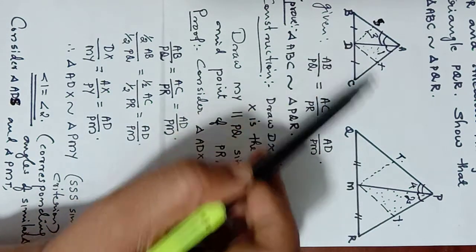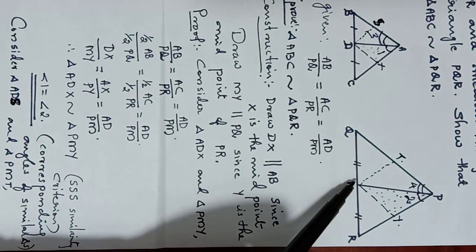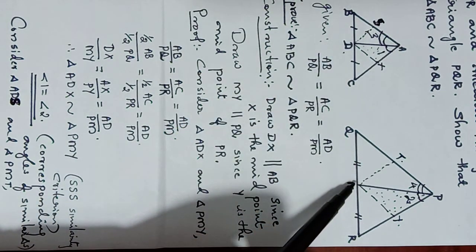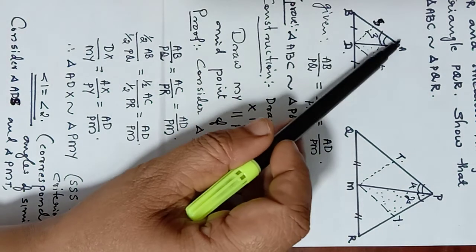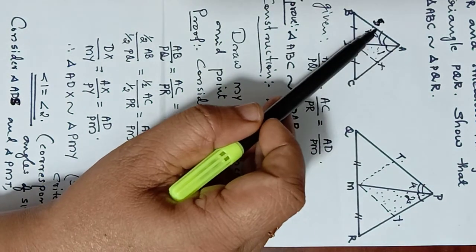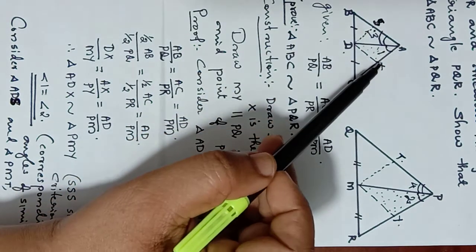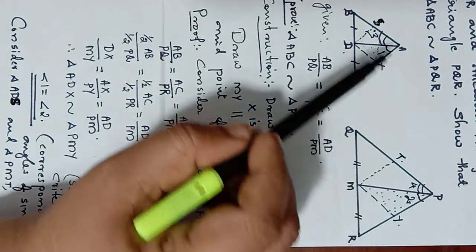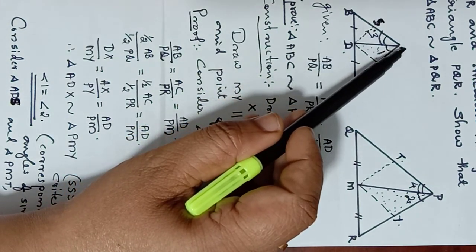Don't you see that AD by PM equal to SD by TM? Okay, and also AS by PT, because AS is equal to DS.